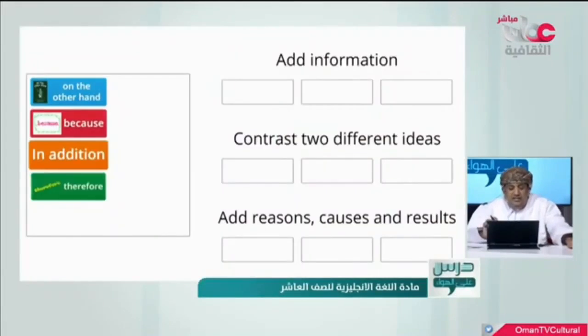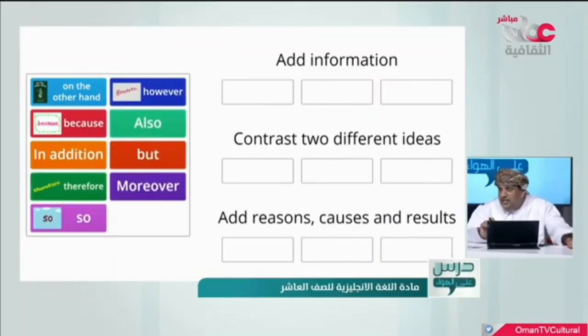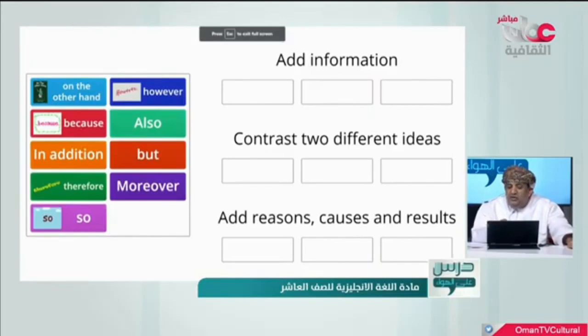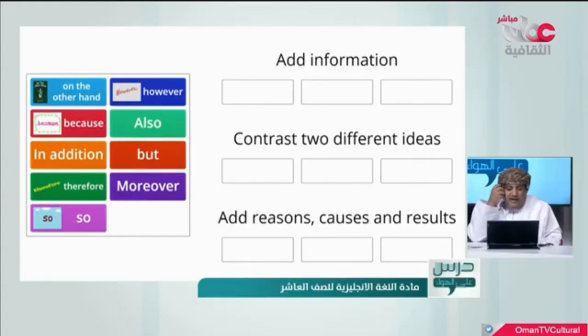Now we have three different types of conjunctions: adding information, contrasting two different ideas, and adding reasons and results, as you have learned in your class book. We have nine conjunction words here, and we want to put them under the correct column. For example, however, what is however?